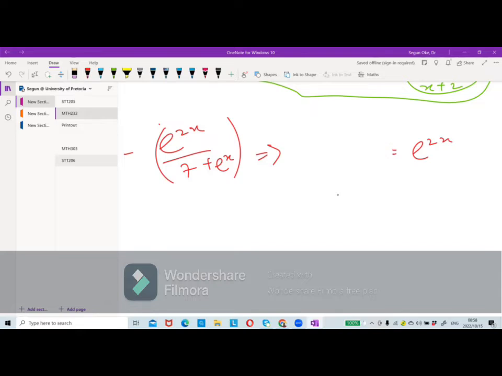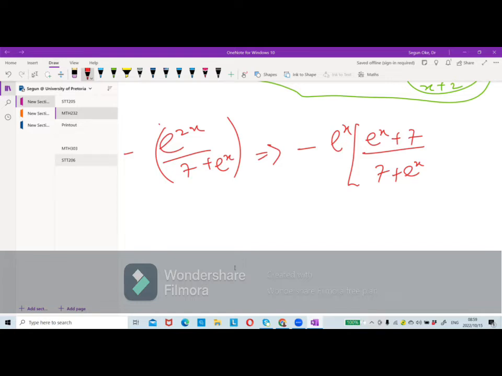So I take one of the e^x out of this one, and I open the bracket. I will have e^x times (e^x plus 7) divided by (7 plus e^x), right? Am I right?